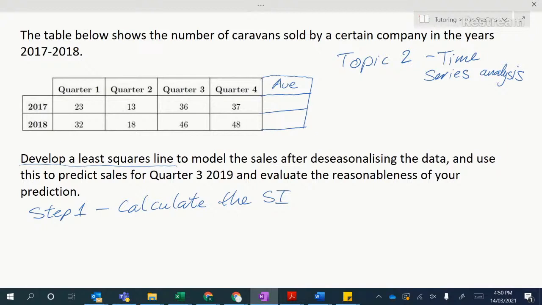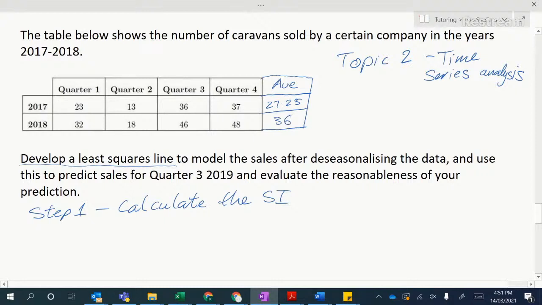I'm going to round to 2 decimal places. That's what I get for the first one. Have a go at 2018 if you haven't already done so. The average. I get 36 for that one.